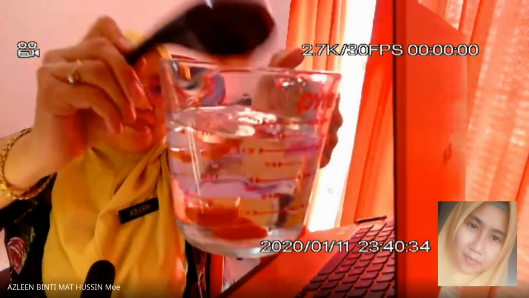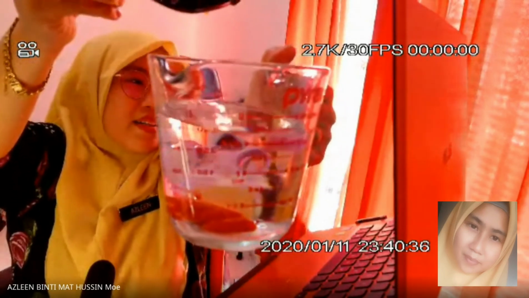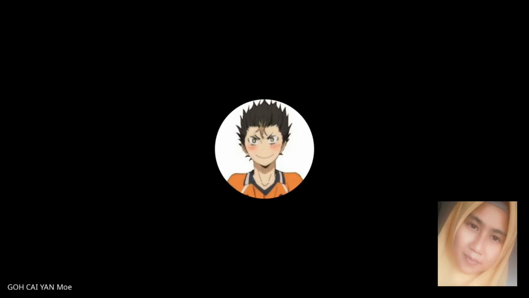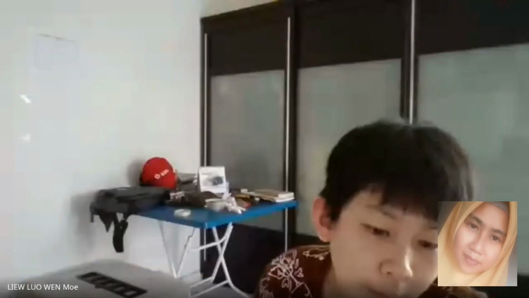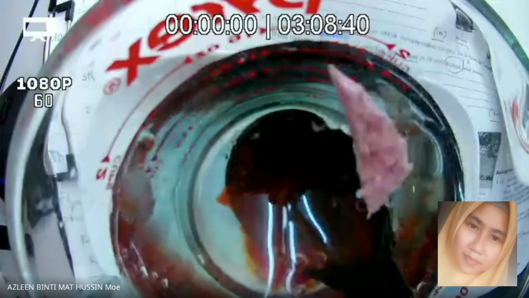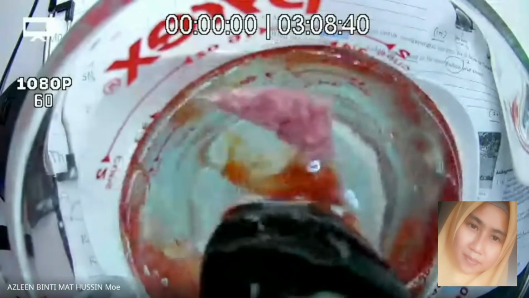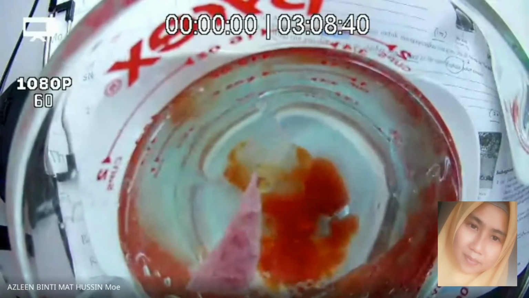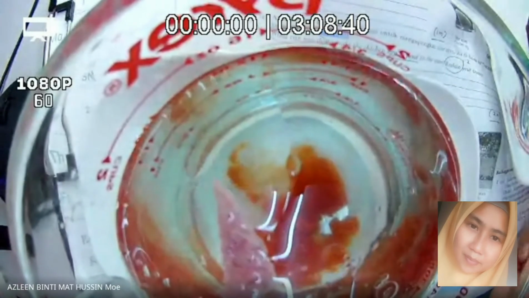It shows that the tomato sauce sinks. Now you can see the olive oil and the sponge float, the sauce and the coin sink.